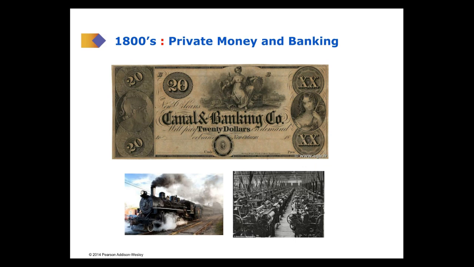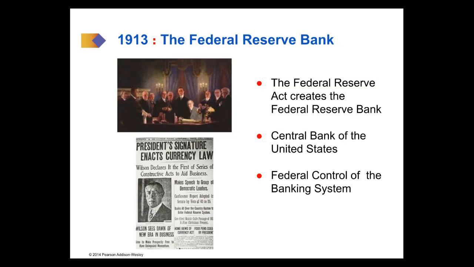And the banks would have vaults, they'd hold the gold and things like that. In the economy, people would trade the paper. If someone wanted to exchange the paper for the gold or silver or whatever commodity was backing it, they could do that. That was private money and private banking.